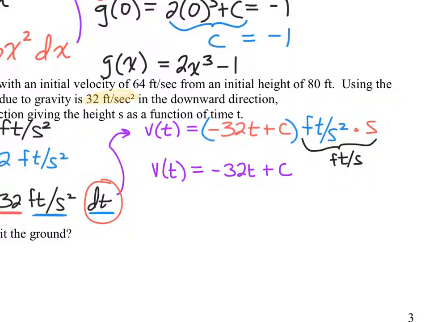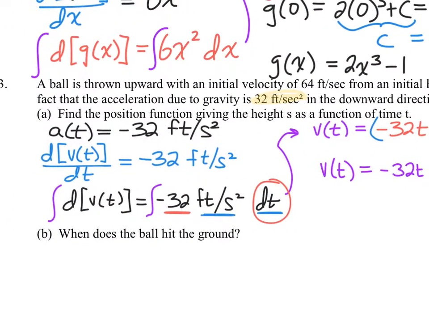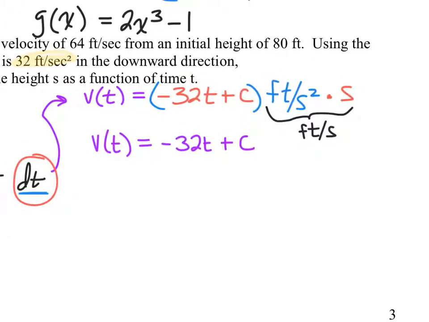Because I'm looking for a position function, I have a velocity function. Before moving on, I need to flesh out what that c value is. Fortunately, they told us that we have an initial velocity of 64 feet per second. Just checking to see it's upward. So at time t equals 0, v of 0 is equal to 64.